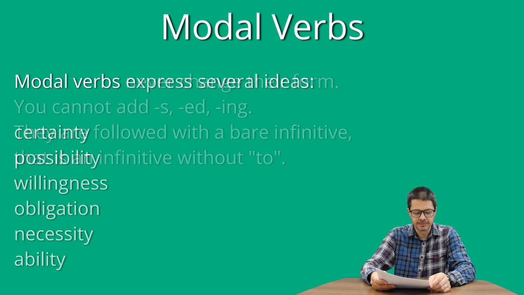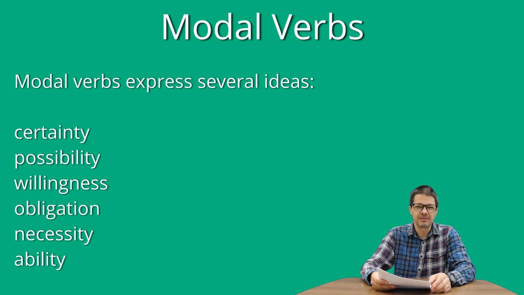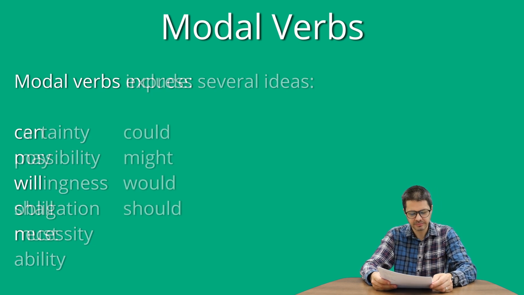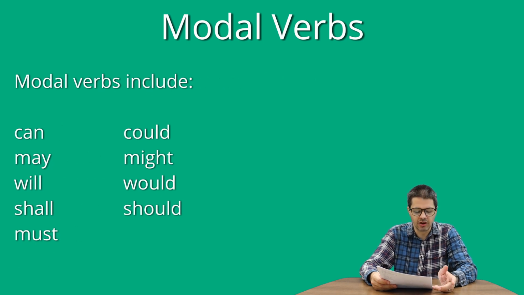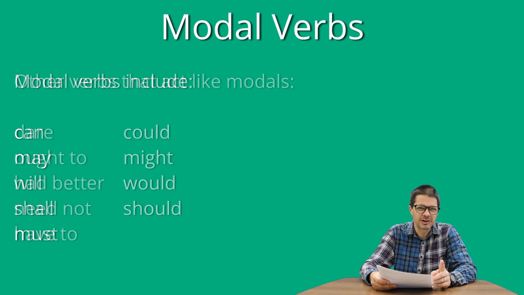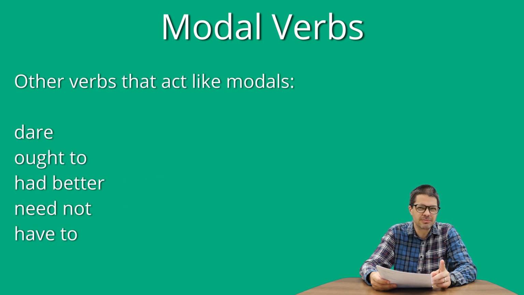All right. And they indicate certainty, possibility, willingness, obligation, necessity, or ability. So, a quick list of what they are: can, could, may, might, will, would, shall, should, and must. Now, in addition, we have some verbs that act like modals but are not.